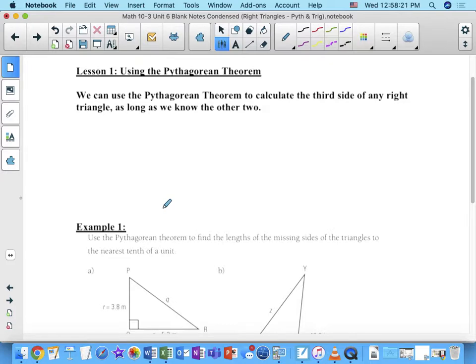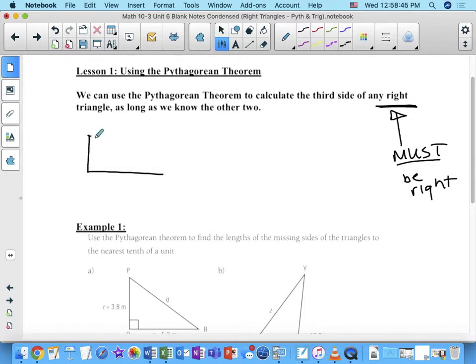The Pythagorean theorem is a tool that we can use that tells us the relationship between the three sides in a right triangle. Must be right, meaning that there's a 90-degree angle in there, okay?